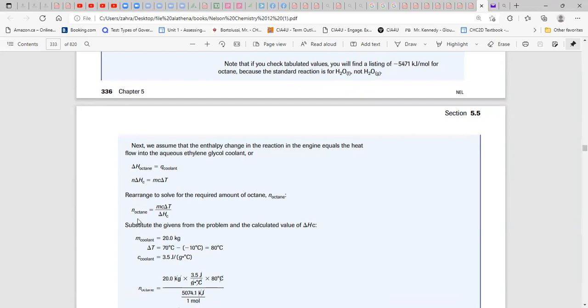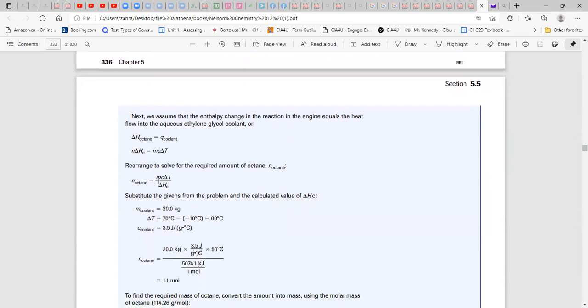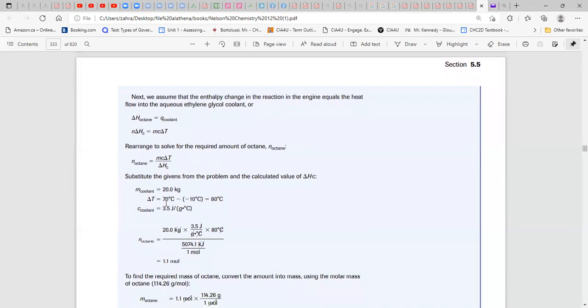We rearrange for n, so the delta H goes into the denominator. The mass is given to you, but because the C is in grams, you have to convert this mass into kilograms. Here the delta T is 70 minus negative 10, final temperature minus the initial, so you get 80.